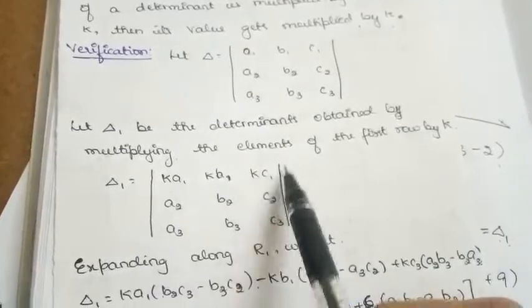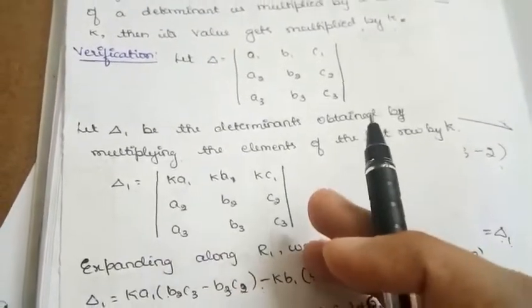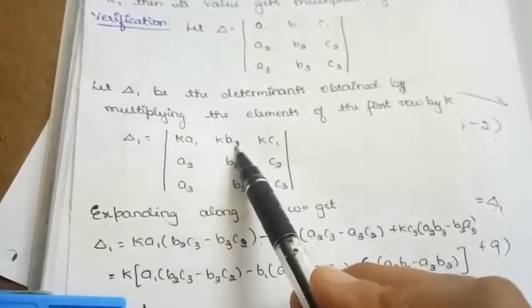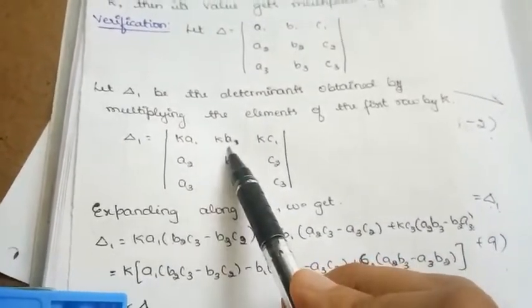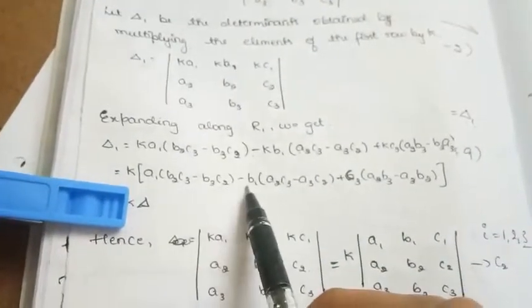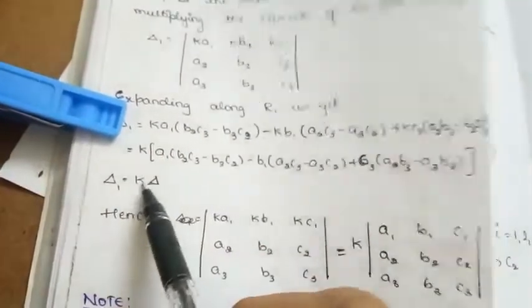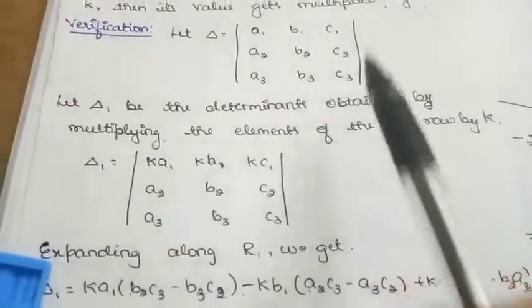Now I am expanding this determinant along the first row. After expanding, what I got is delta 1 equal to k times delta. You can observe here, after expanding this, you are going to get the delta value clearly.